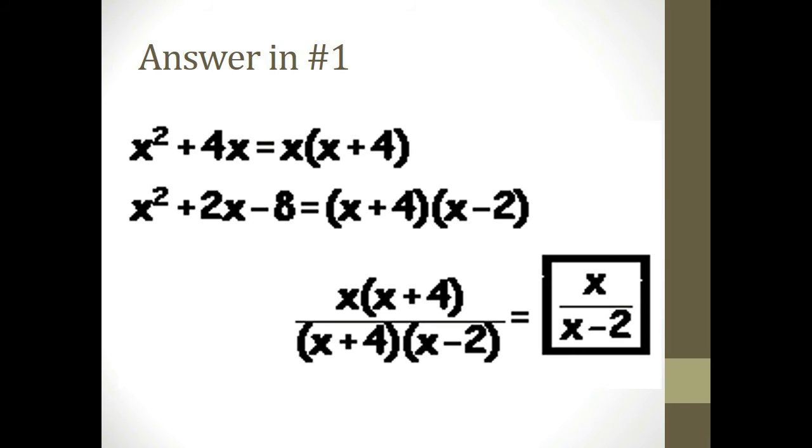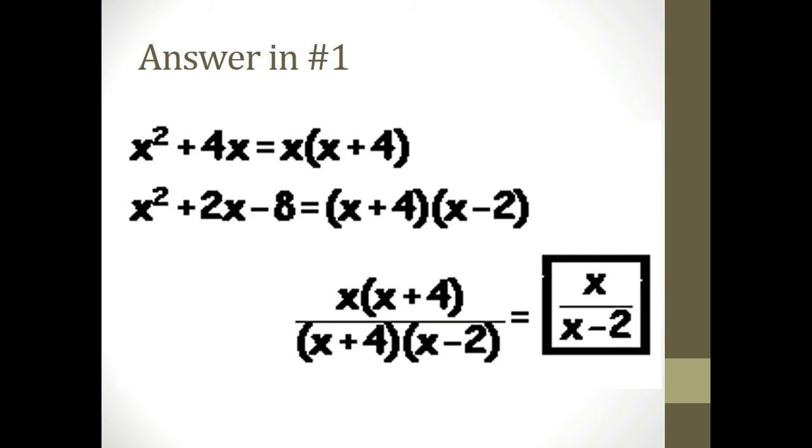Here is the solution for number 1. X squared plus 4x is equal to x multiplied by quantity x plus 4, since you will have to factor out x. For the second polynomial, you will have to factor it, resulting in the answer quantity x plus 4 multiplied by quantity x minus 2.